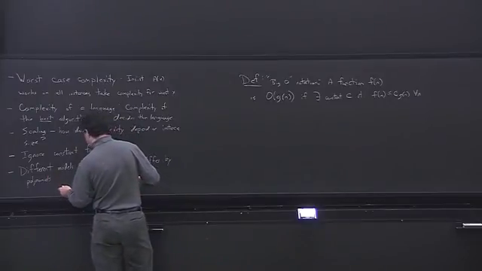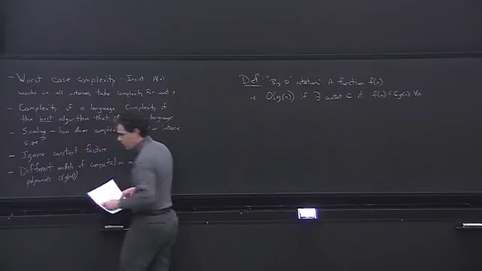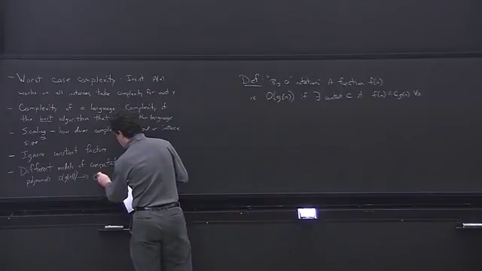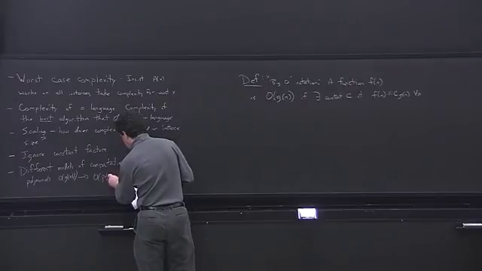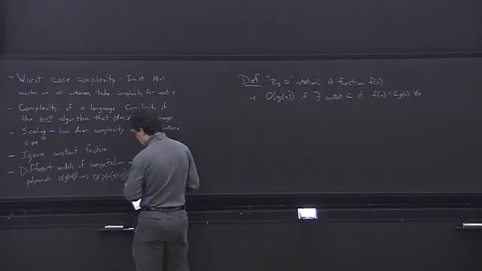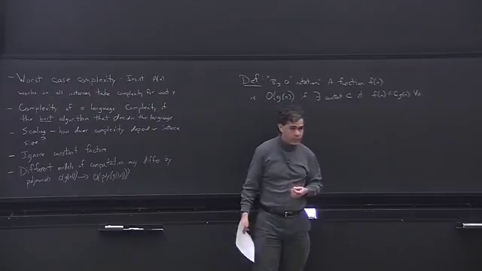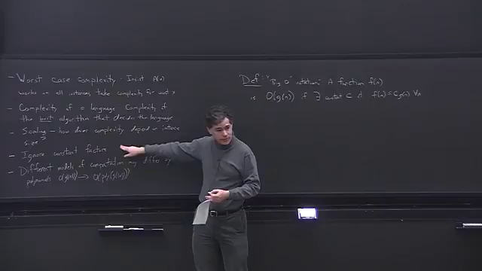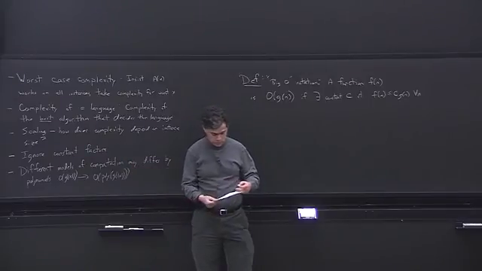So if we have something that's O of g of x in one model of computation, then in another model of computation, it might be O of some polynomial of g of x, or sometimes g of poly x. Okay, so really when we talk about complexity, we want to have things that not just ignore constant factors, but ignore polynomial blow-ups as well.